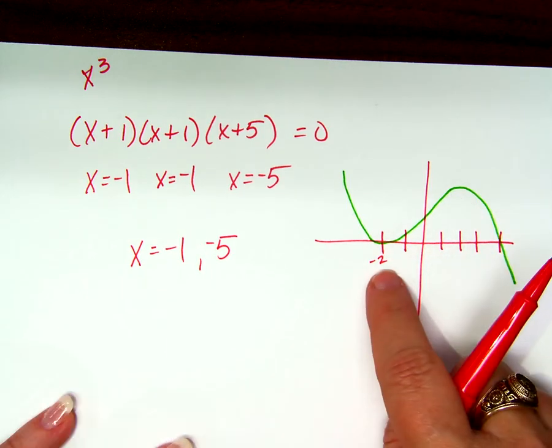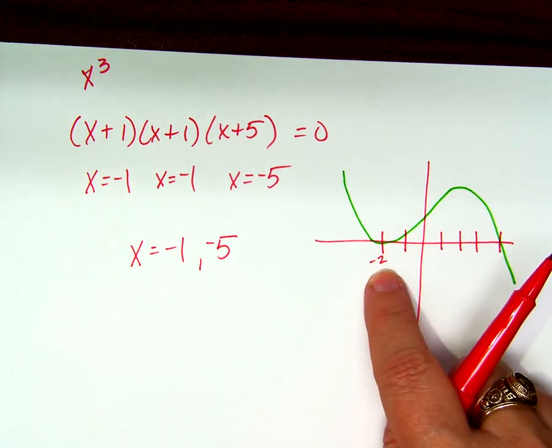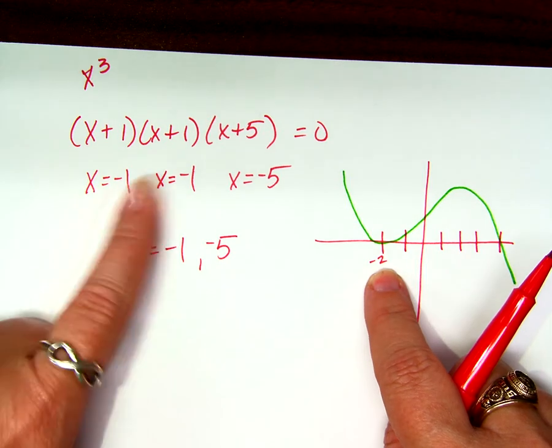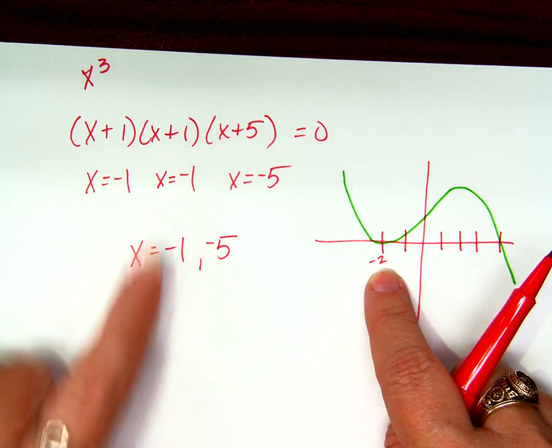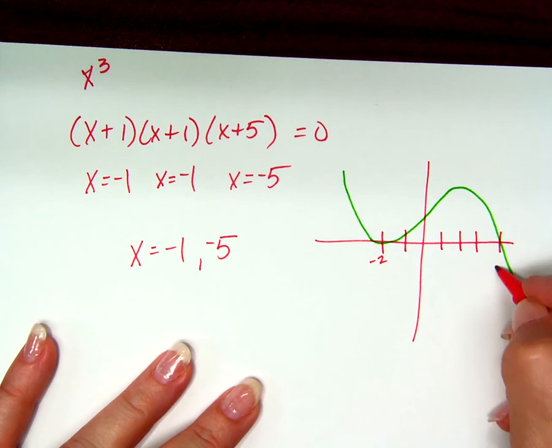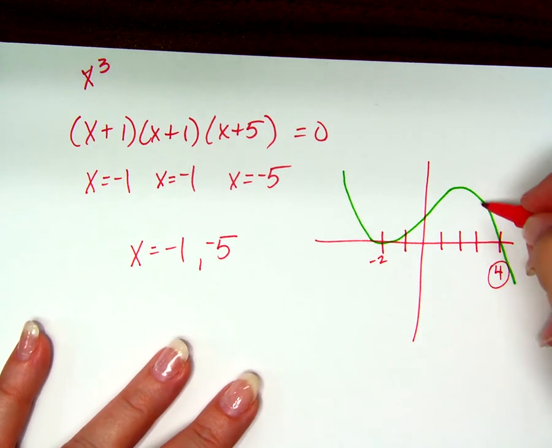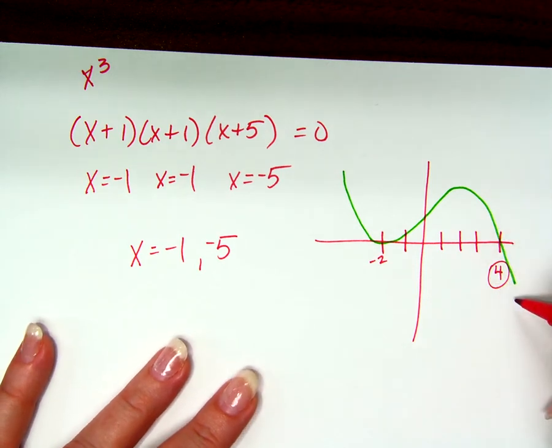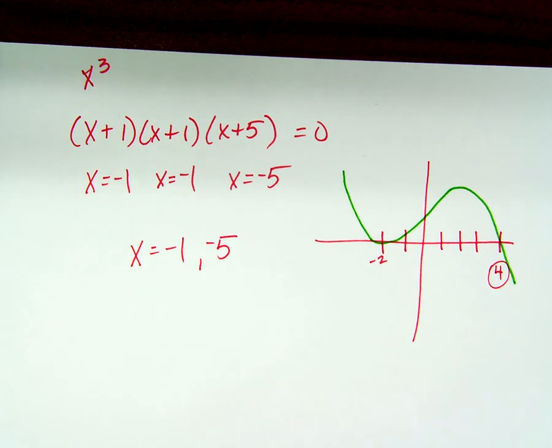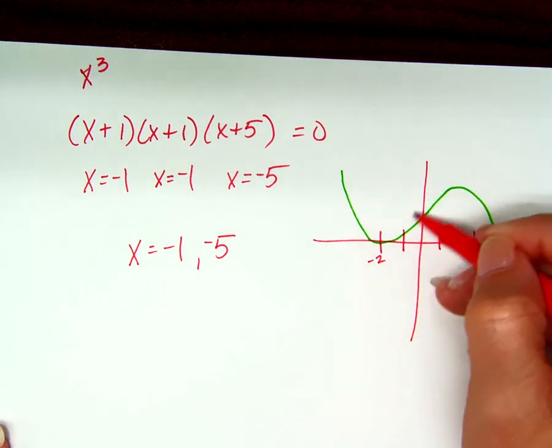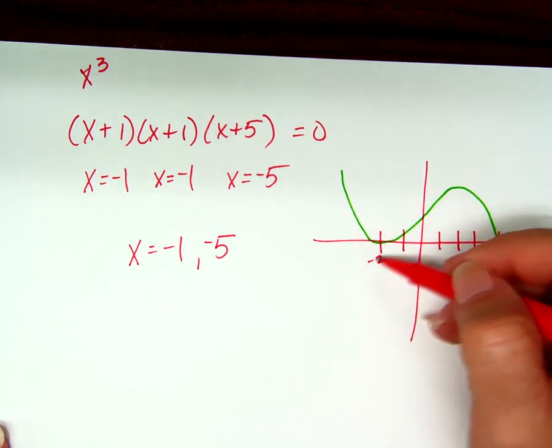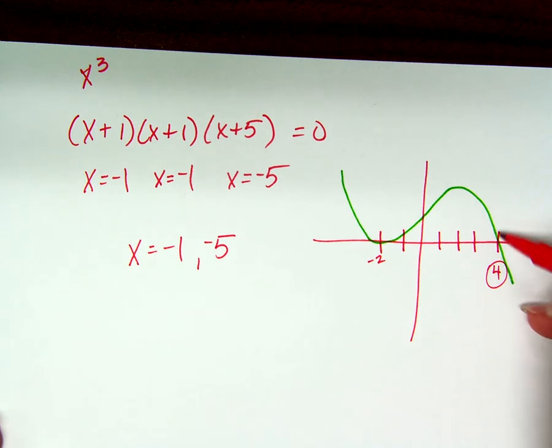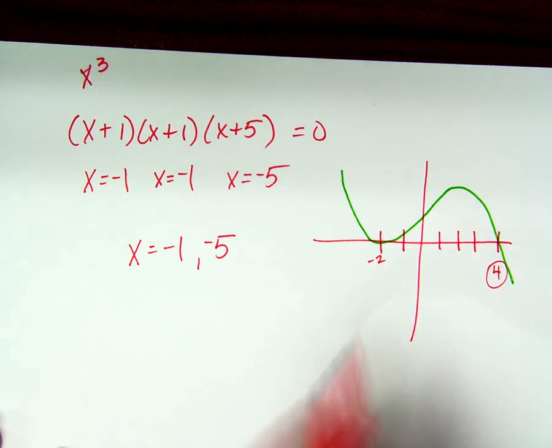Chances are there's a multiplicity at negative 2. And this is going to be a 4. That's only going to happen once because it goes all the way through the graph right there. You can tell multiplicity is pretty simple if you can see the graph because it's just changing directions. That's where the multiplicity is going to happen, as opposed to passing through the x-axis. That's only going to happen once.